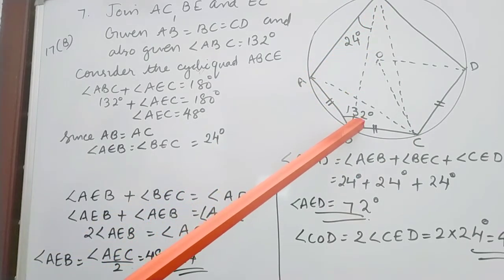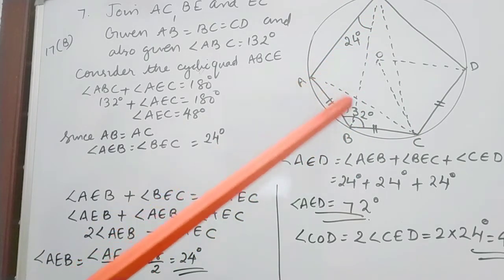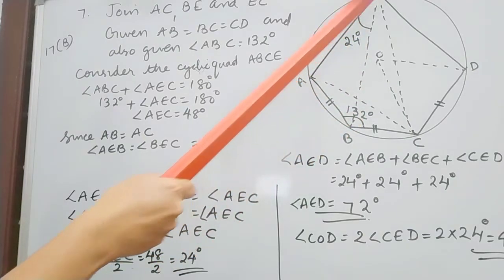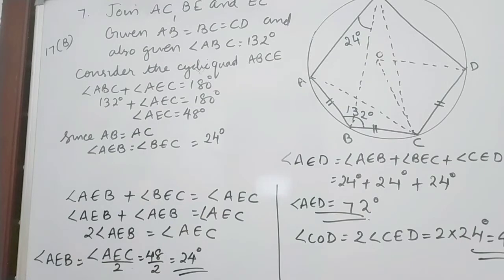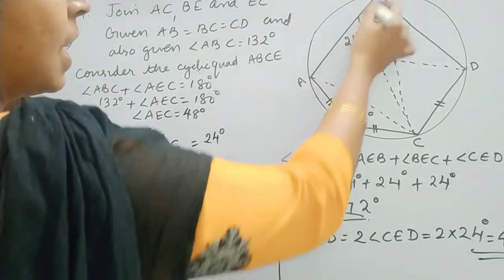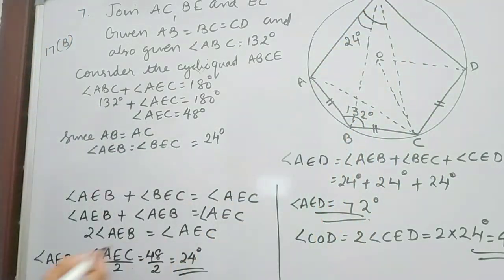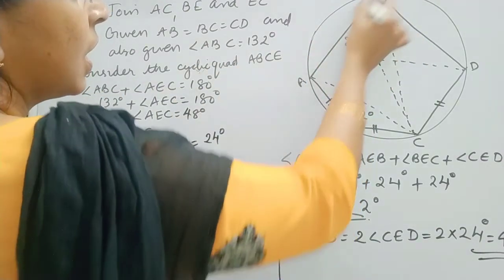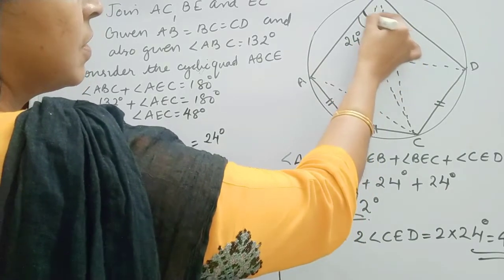Angle B is 132 degree. Opposite of angle B is angle E. So what about this angle AEC? This angle will be 180 minus 132, that is 48. AEC is 48.